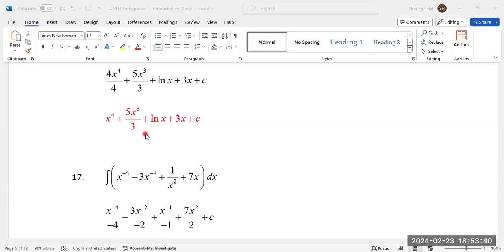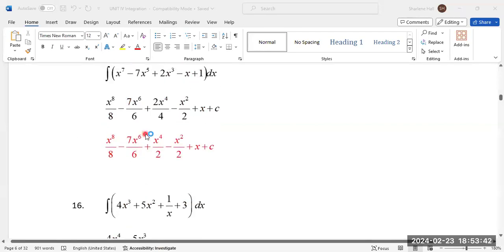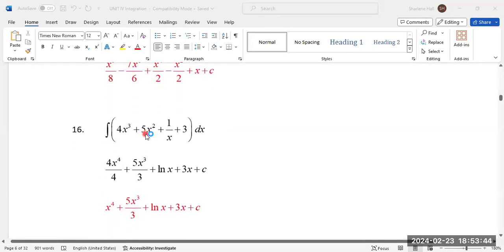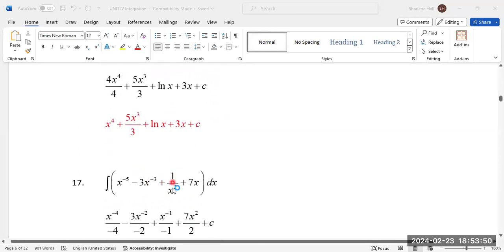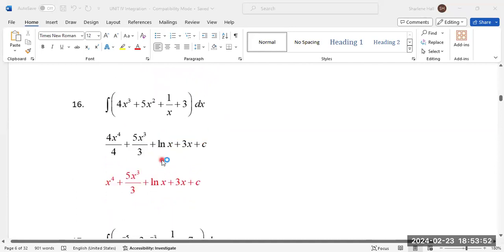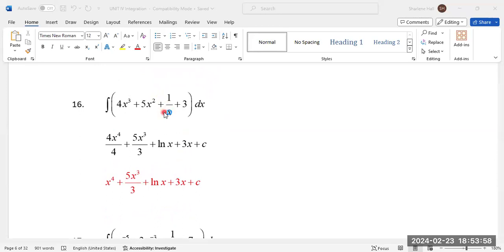You recognize that I had jumped to question 16 because I wanted to introduce the ln function to you. So this is not the ln function. The ln function is only when you integrate 1 over x, and 1 over x is the same thing as x to the minus 1.